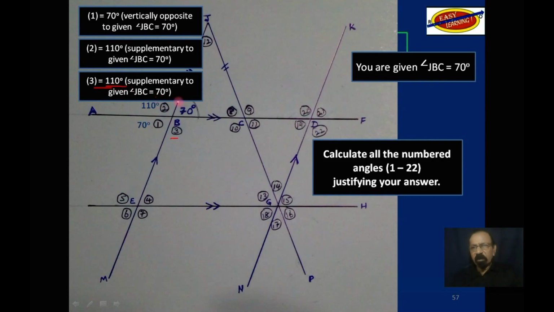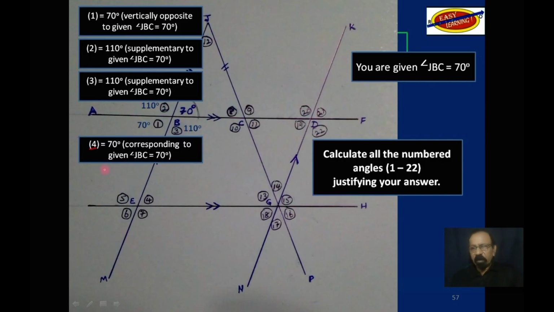Because it is supplementary to the given 70. And you could also say it is vertically opposite to that. But remember, we want to use first principles, original data first to get our answer. If not, we will use a derived answer to get our answer. So we can calculate those three.